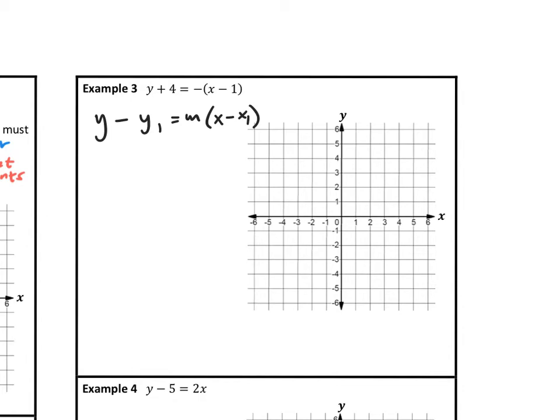Just writing out the equation again. So I need to figure out what my point's going to be. I need 2 numbers, right? An x and a y. We call it x1 and y1.